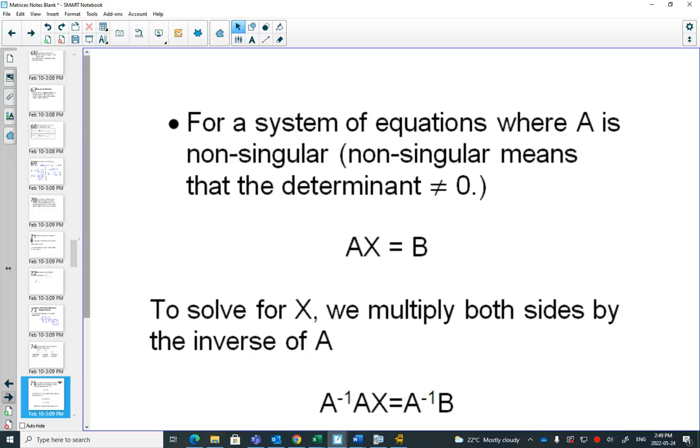So we're multiplying one side by A inverse, we multiply the other side by A inverse. But since with matrices it matters the order in how you multiply things, if you multiply by A inverse in the front on this side, it has to be in the front on that side.